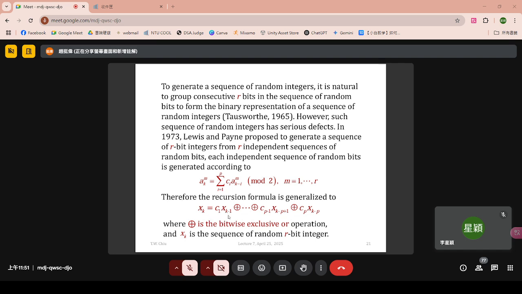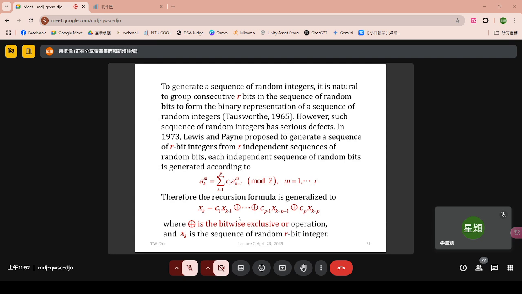I can regard a random integer as many random bits together, and each bit can be obtained by bit-by-bit exclusive OR operation. Then you can get a random integer sequence.